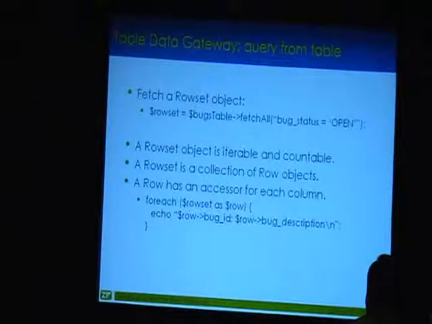The class behind the scenes that gives you access to that is using a PHP magic method that allows you to access things by name, even though those don't exist as real properties per se in the object.